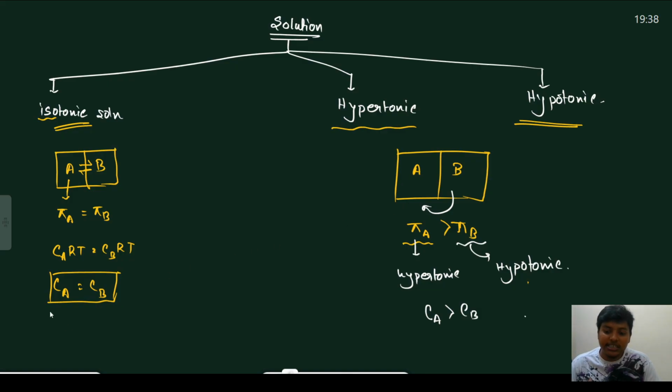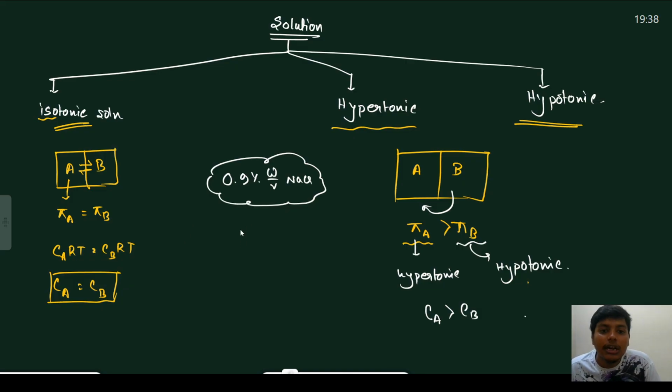Okay, so that's why, generally our blood has the concentration 0.9% W by V NaCl. Now let's suppose you drink salt water, too much salt water. What will happen? Your blood cell will burst or your blood cell will shrink?